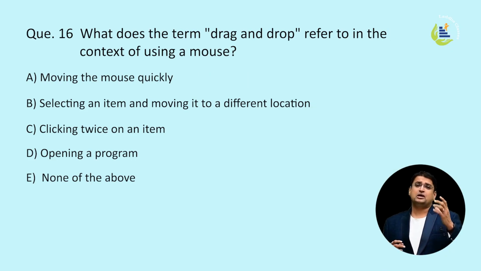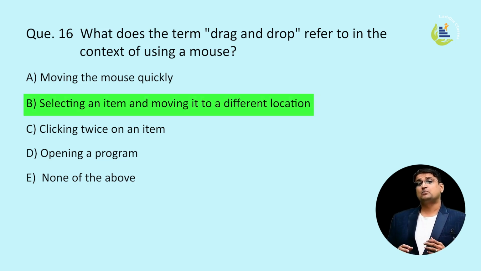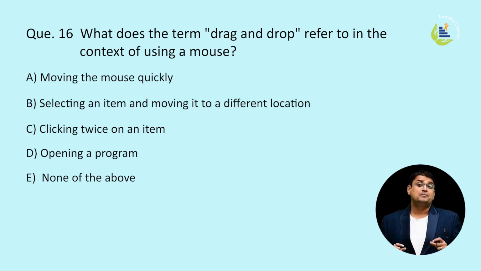Question 16. What does the term drag and drop refer to in the context of using a mouse? Options are moving the mouse quickly, selecting an item and moving it to a different location, clicking twice on an item, opening a program, none of the above. Correct answer option is B, selecting an item and moving it to a different location.